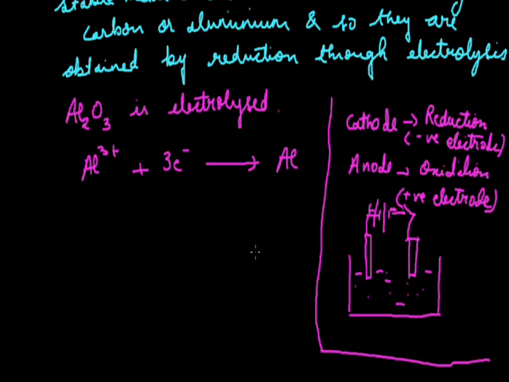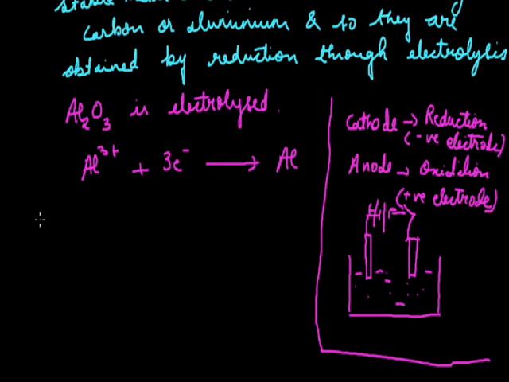Now what happens at the cathode, there is reduction. So electrons from the molten solution will be accepted by the aluminium oxide. Here the Al3+ ion will get reduced by accepting these electrons and will form aluminium. By this method we are obtaining metal of high purity.